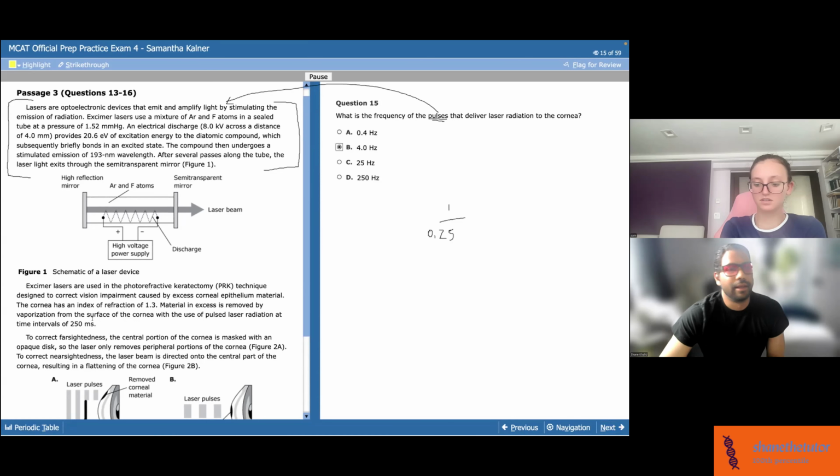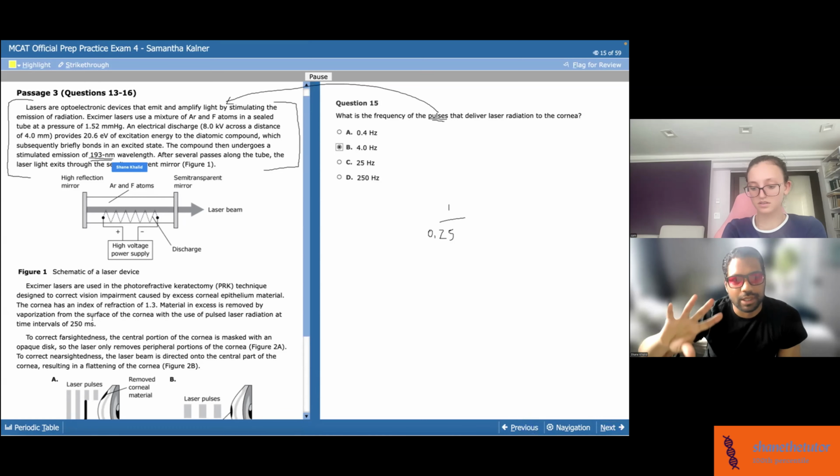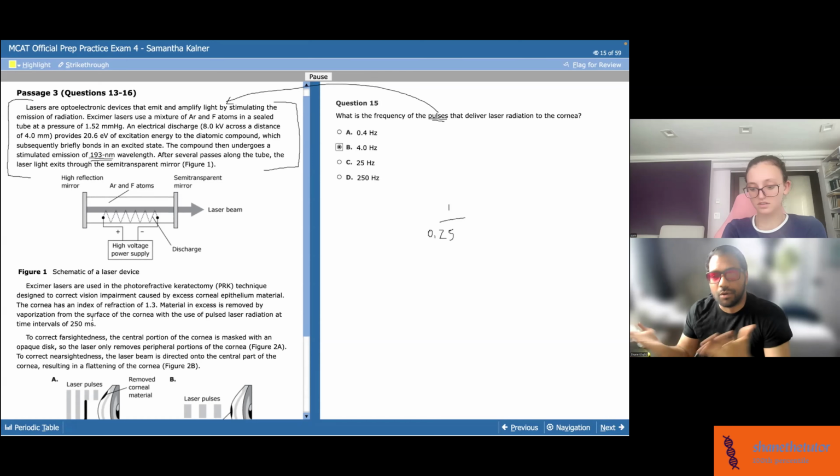So that's why this is tricky. If they had some values here that lined up with what we would get, that would make it a very tricky question. But I think the values won't line up. Let's say we took this 193 nanometer amount and solved for the frequency of that. If that's in the answer choice, then that is a way for them to trick us.